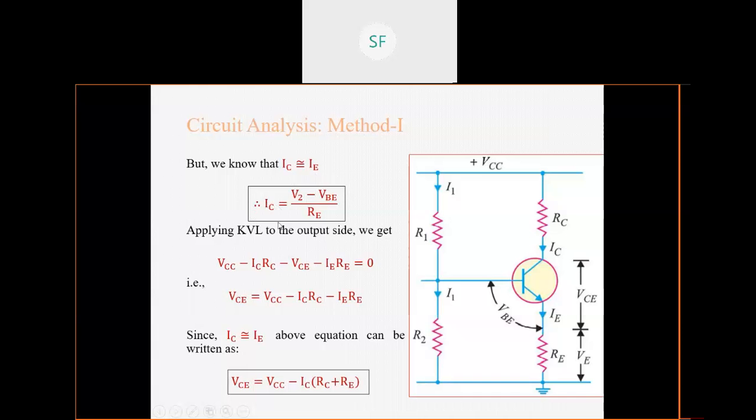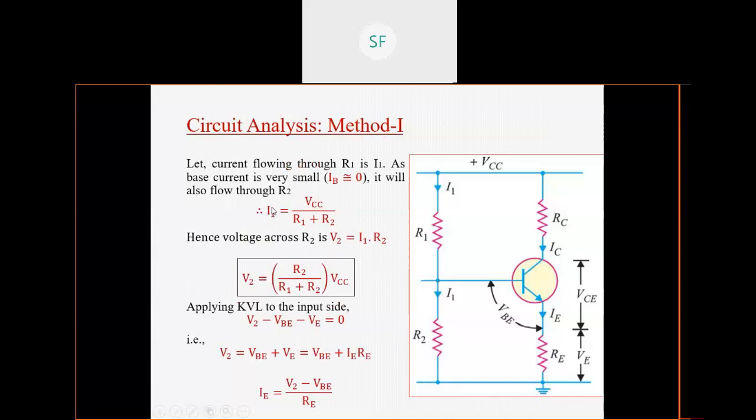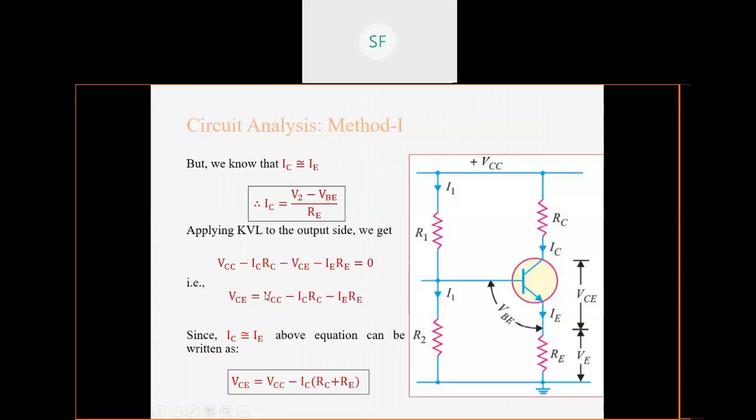So that's why the equation of IE from the earlier slide will be the same equation for IC also in the next slide. So again it is very important and you can remember or note it down. Actually the complete process is important, so you must follow me thoroughly. And if you are not understanding any point, then please ask me.